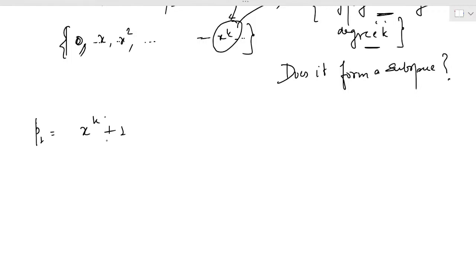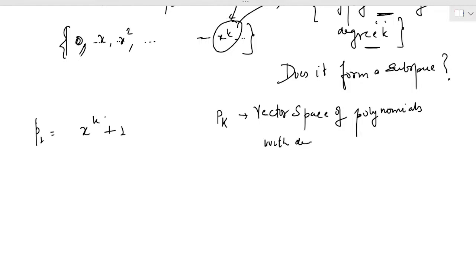And let us say Pk is the vector space of polynomials with degree at most k.